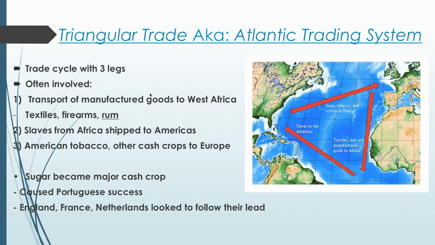The first leg is going to go from Western Europe to Western Africa. They're going to bring with them manufactured goods that were taken from raw materials and made into something. For instance, textiles, firearms, rum. Rum was made from sugar, and so therefore it's a manufactured good. They're bringing these things over to Western Africa. They're trading them to the West African kingdoms for slaves.